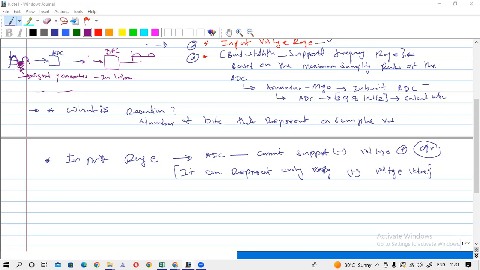If you want to get this one also, we shift this signal upward by this value. Let's say this is 5 volt. If I shift the signal by 5 volt, I will get this kind of signal. Now I have the shifted signal, the amplitude shifted signal.